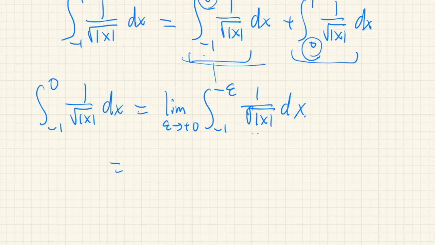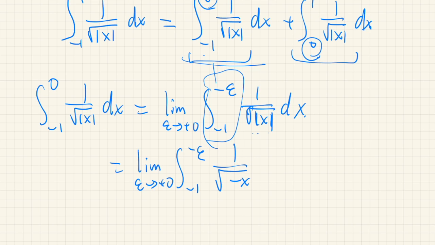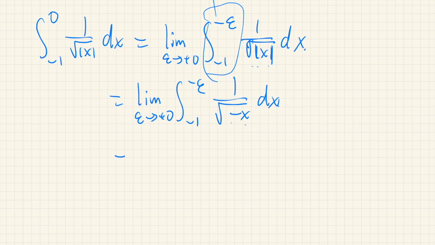To calculate this one, the value of x is negative in this whole interval, so we can get rid of this absolute value symbol. According to the definition of the absolute value of a real number, this is negative x, because x is negative, so the absolute value of x is negative x, which is positive. So this can be readily integrated.